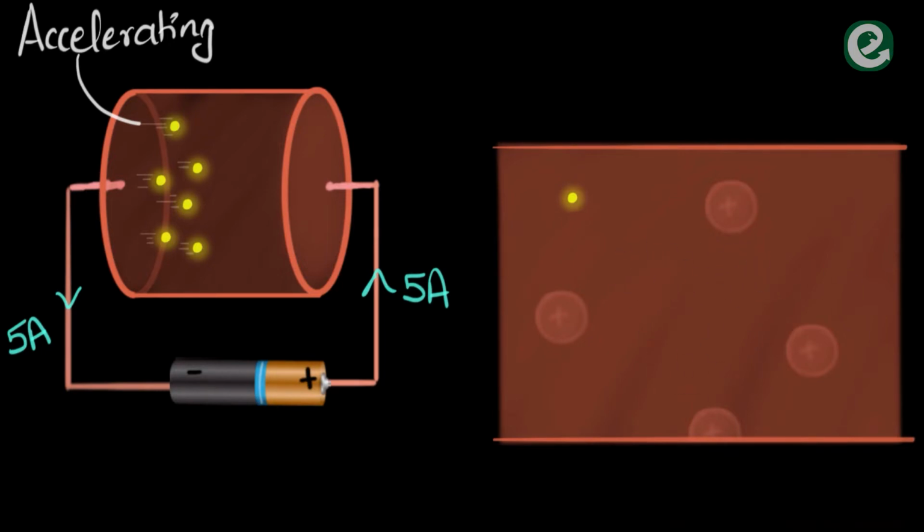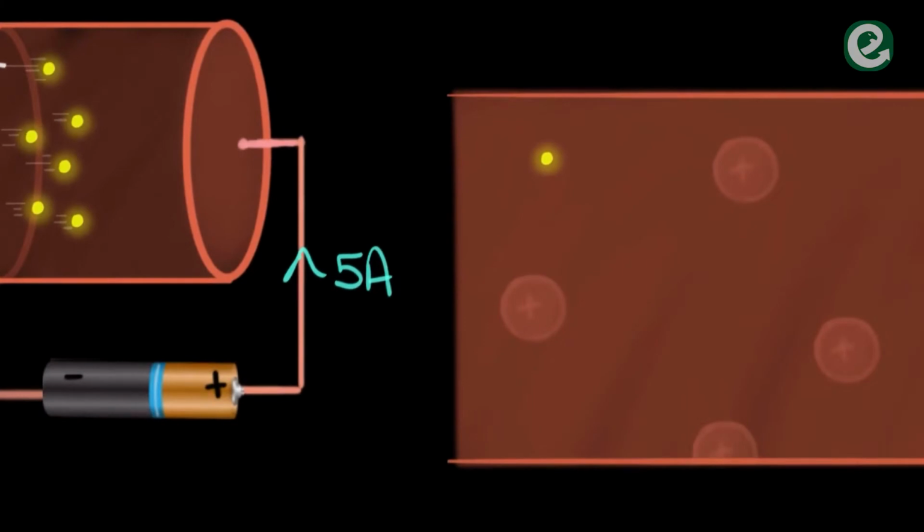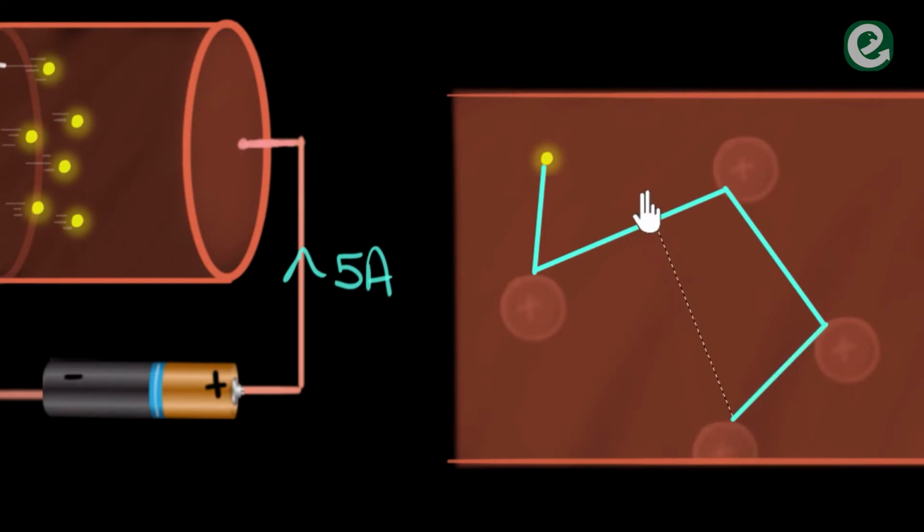So for example, let's say that this electron is moving this way, randomly, in this direction. Then it bounces off this particular metallic ion, and then let's say it goes this way. And then again it bounces from here and goes this way. And again, it bounces from here, it goes this way. And then it bounces from here and goes somewhere over here, let's say, and ends up like this.